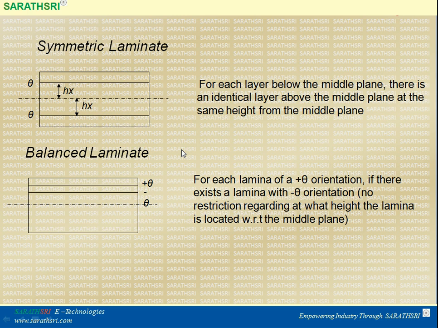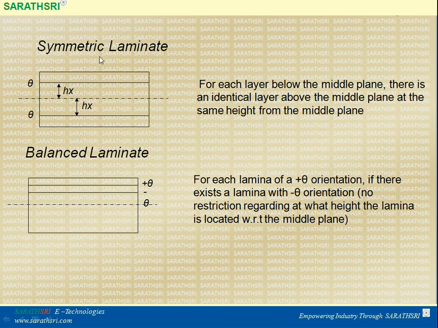There are different kinds of laminates: symmetric laminate and balanced laminate. A symmetric laminate is one where, if you position a layer with a particular angle at a distance from the middle axis, the same layer is placed below the middle axis at the same distance, and that forms the symmetric laminate. A balanced laminate is slightly different.